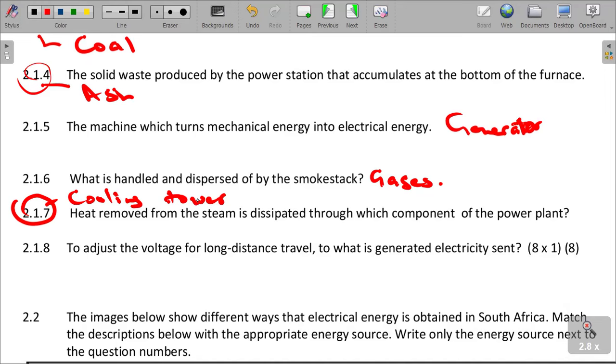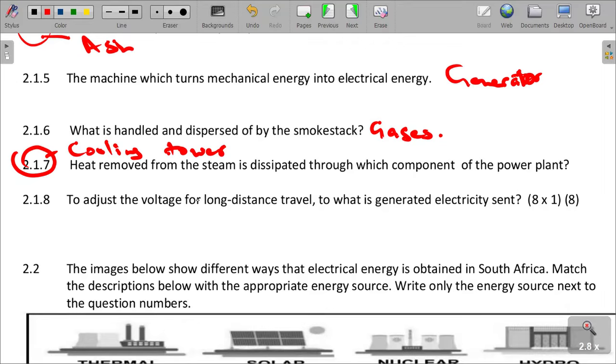And then, to adjust the voltage for long distance travel of the generated electricity sent, it is the transformer.